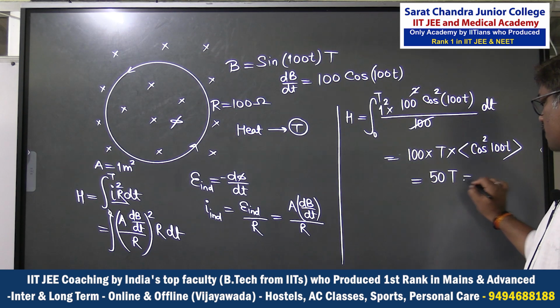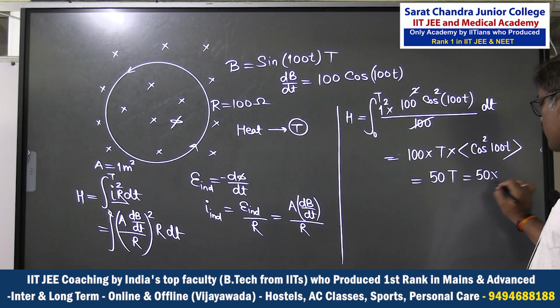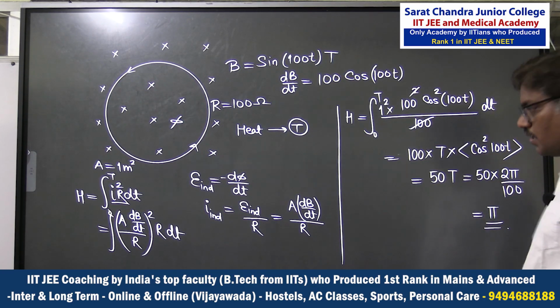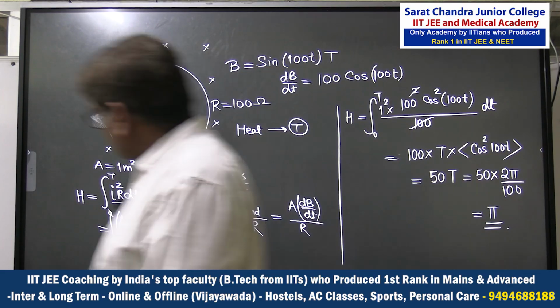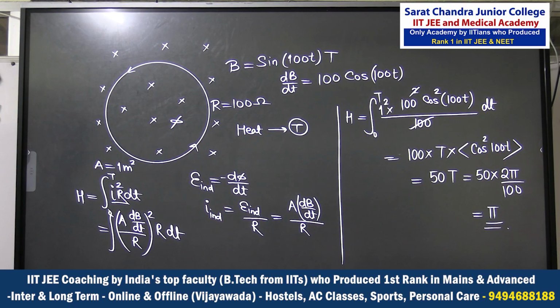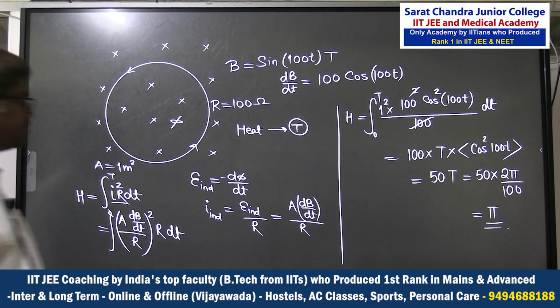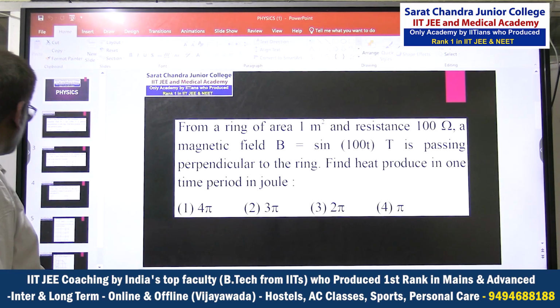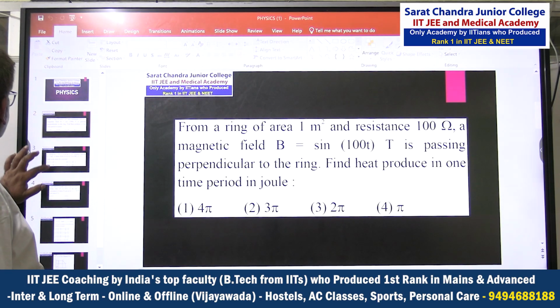Time period is 2 pi by omega, omega is 100. 100 cancels, and the answer is pi. Okay, so quite a good, moderate question, and a nice question on Faraday's laws, EMI. Move to the next one.